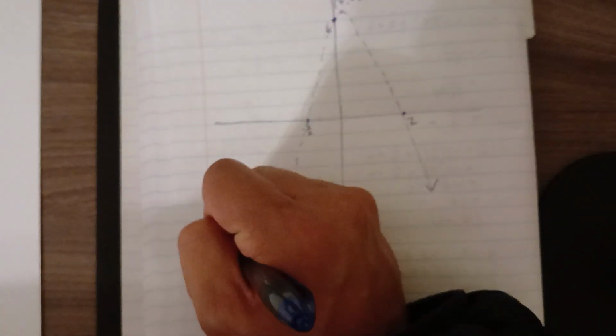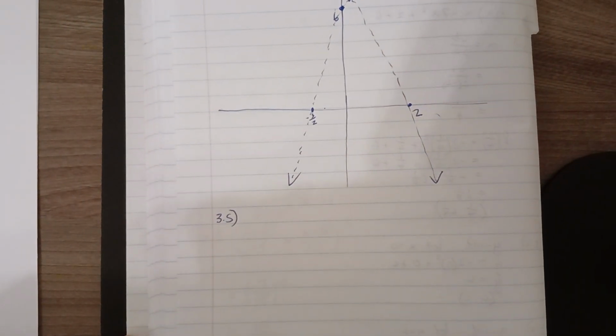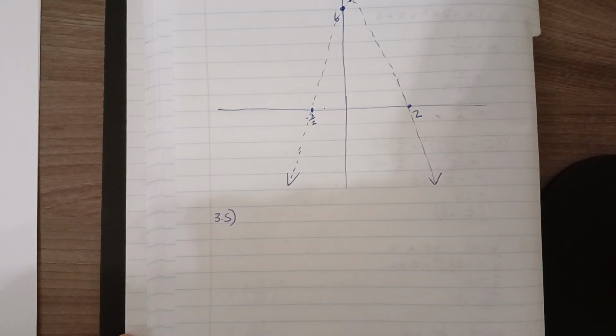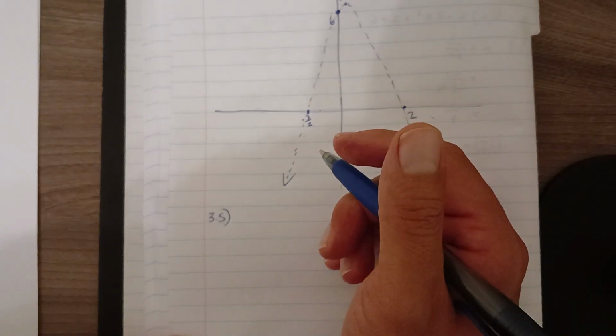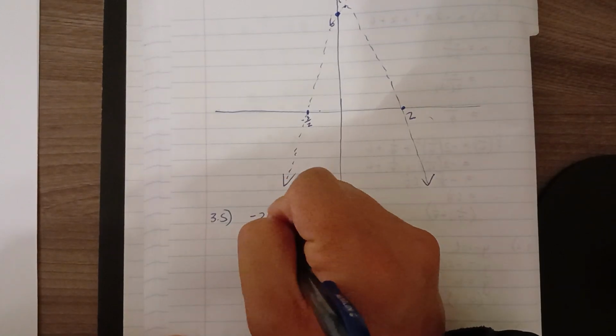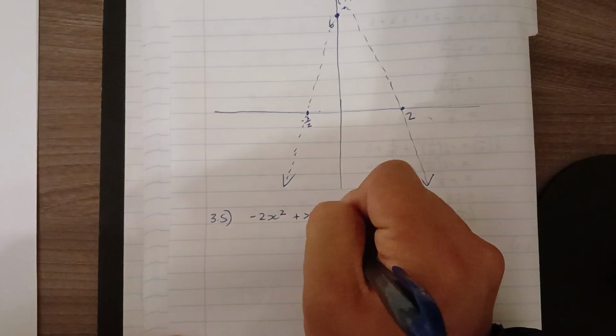3.5. Determine the values of k such that f(x) equal to k has equal roots. Okay, so we're going to equate this to k.